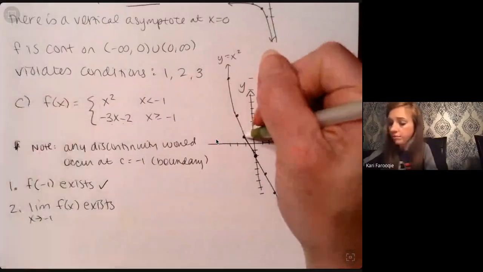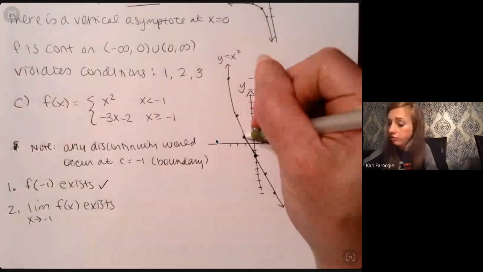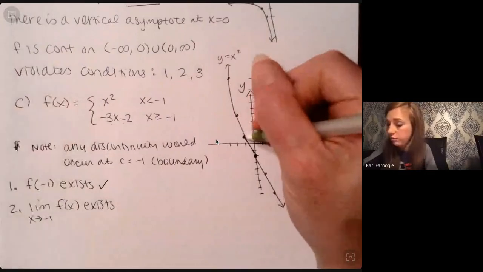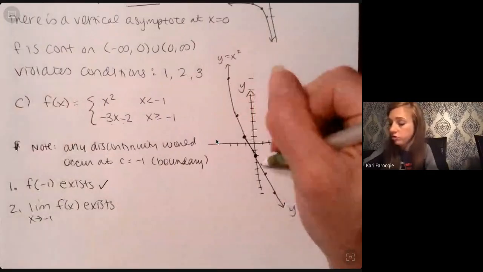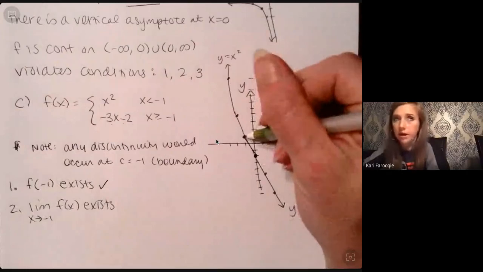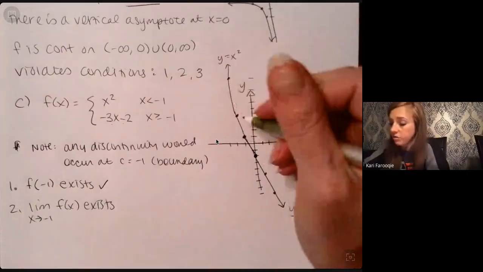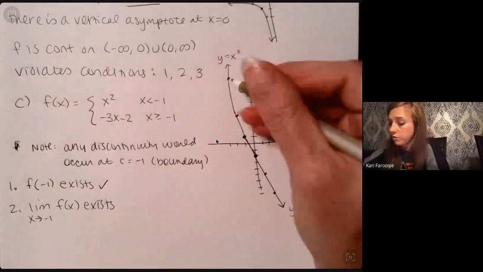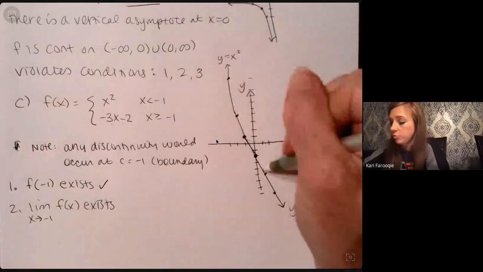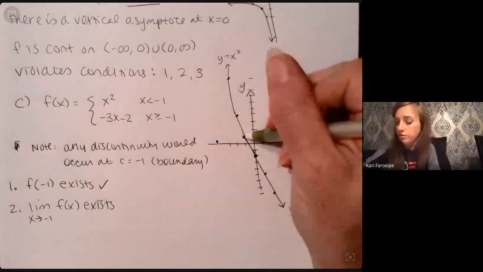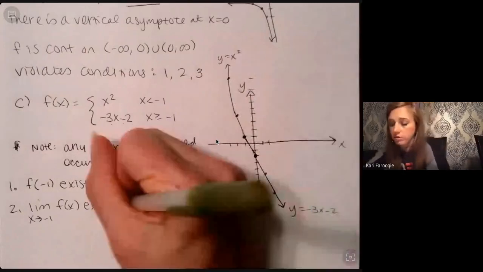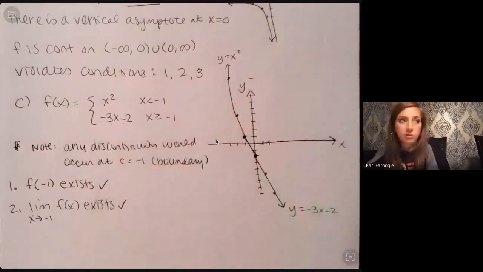And then this function ended up already being defined there anyway based on the function that we are arriving at from the right. So the limit exists, yes, because the limit on the left is 1. The limit as we approach -1 from the right is also 1. So you could say that the limit of f of x as x approaches -1 is 1. It exists.